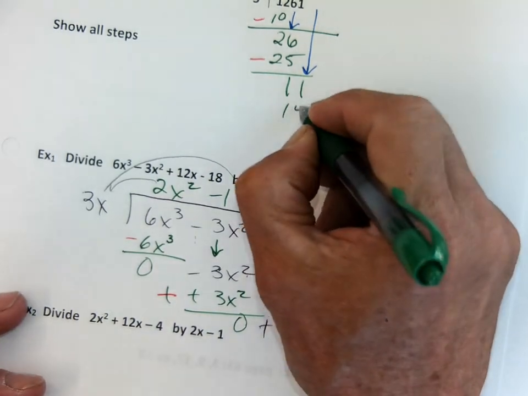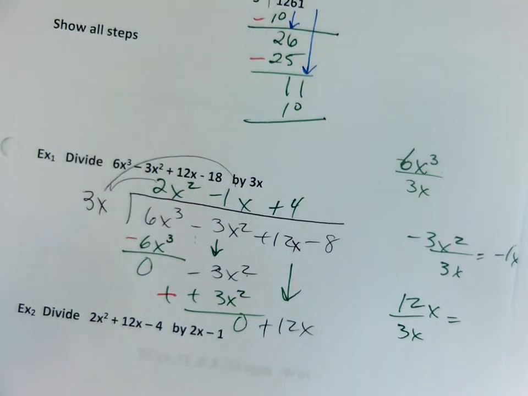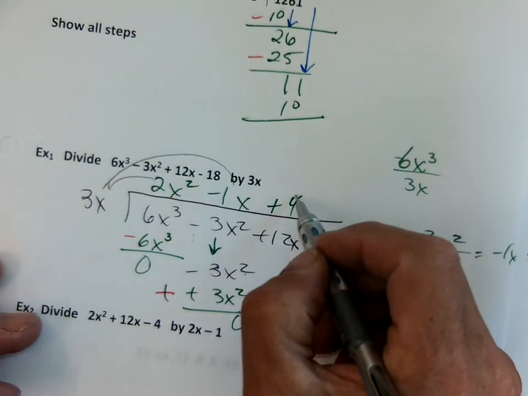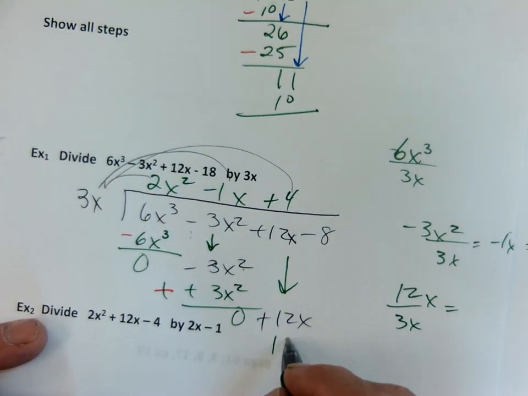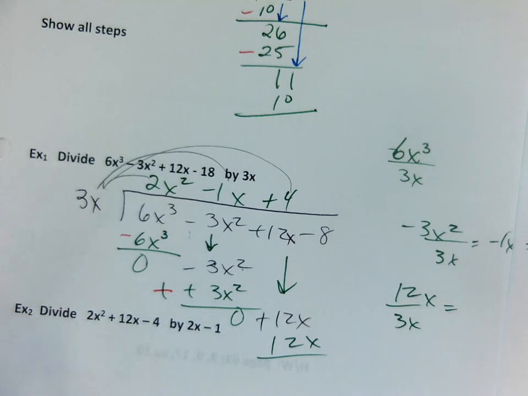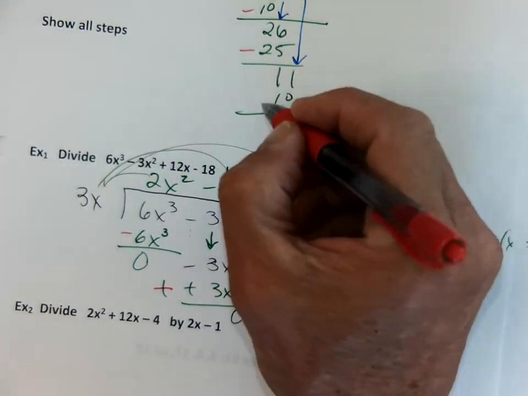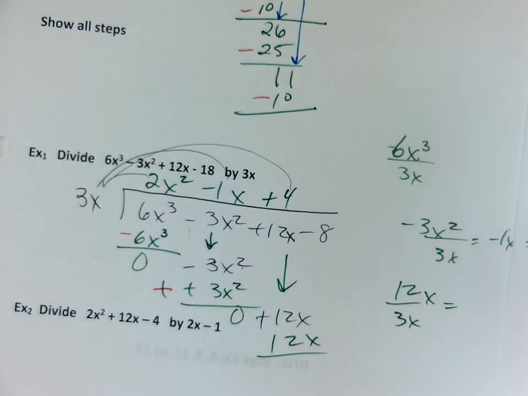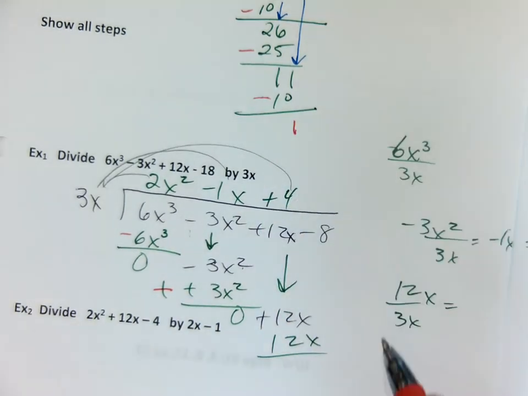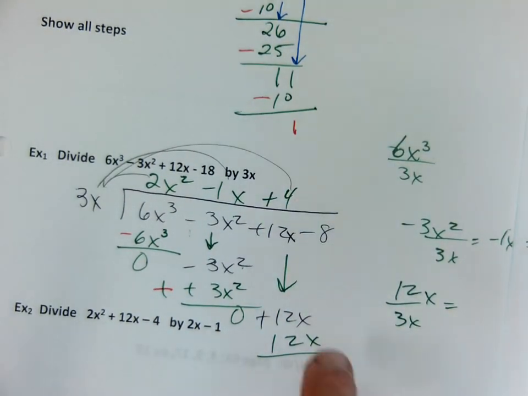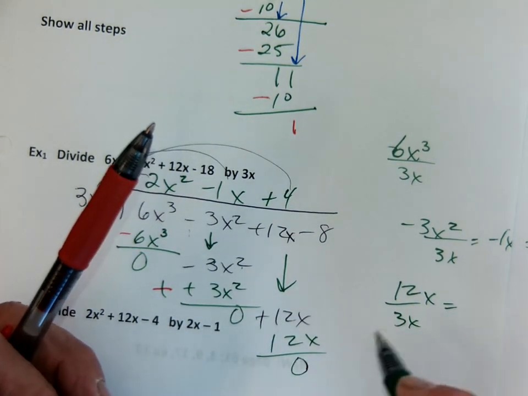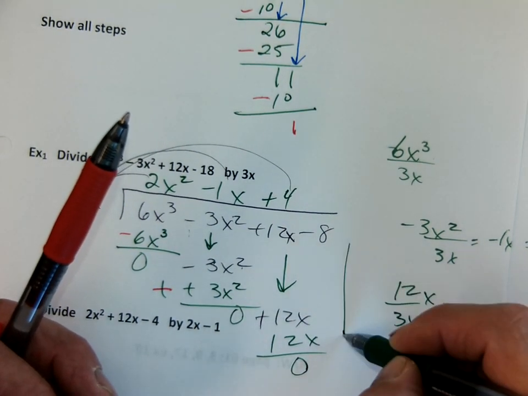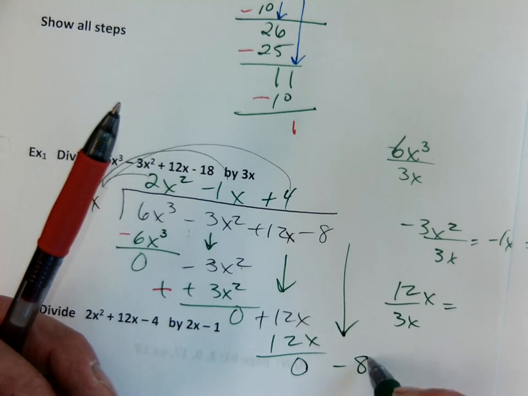You get your 10. And down here, same thing, we'll do the 4 times 3x, which makes a 12x. And then we'll subtract. And we get a 1. Oh, hold on. I want to leave that red. And we subtract here. We get a 0. And we bring down our negative 8. Okay?